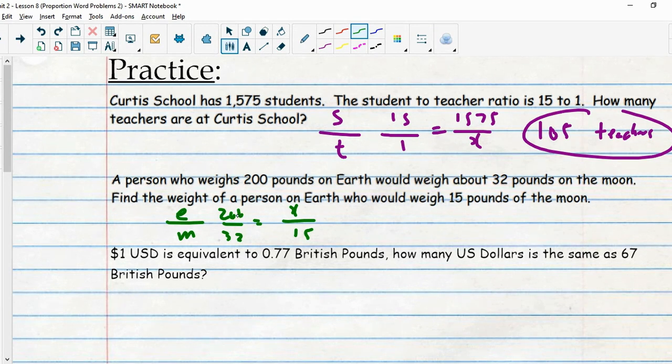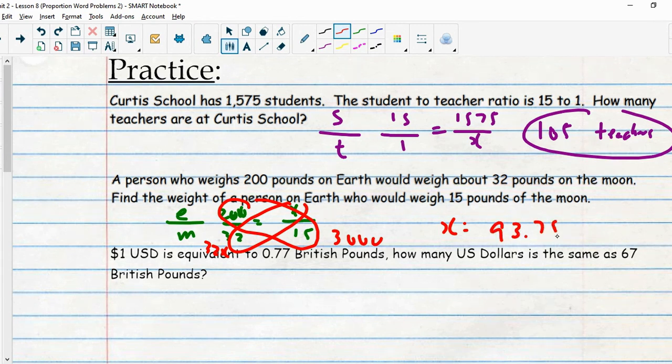How many on Earth? 3,000. 32 times what gives us 3? All right, last one.